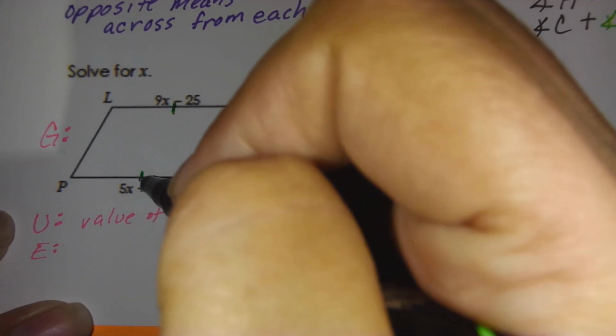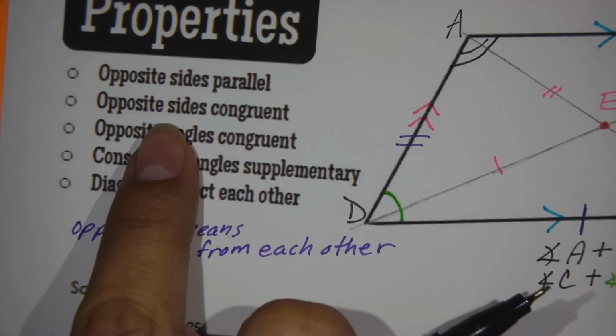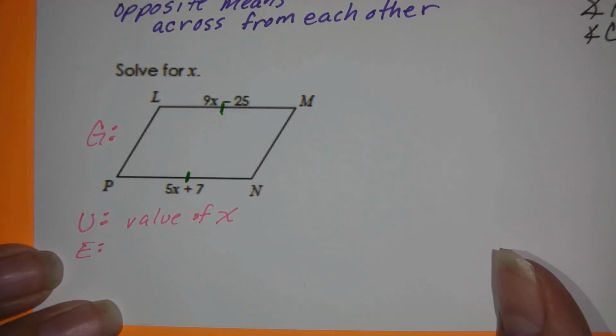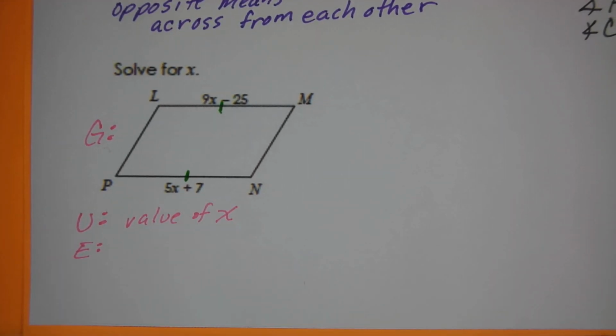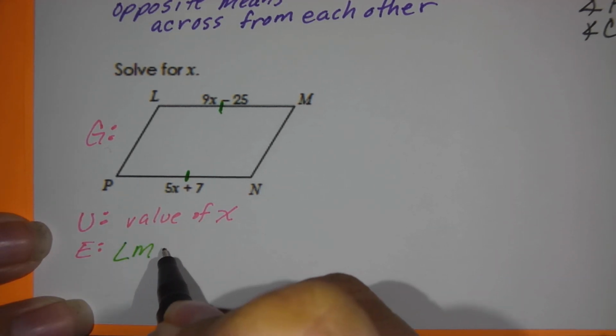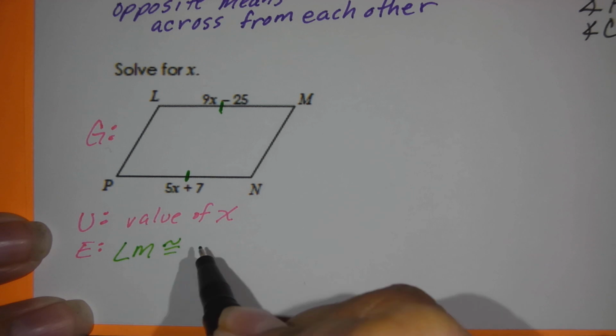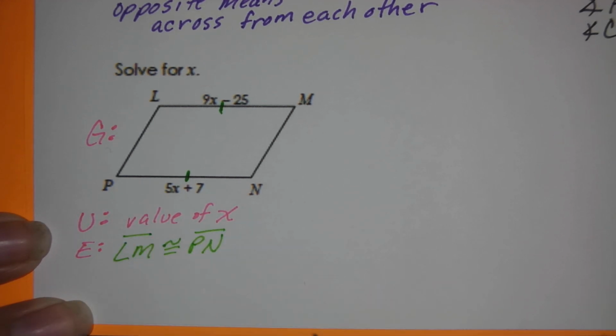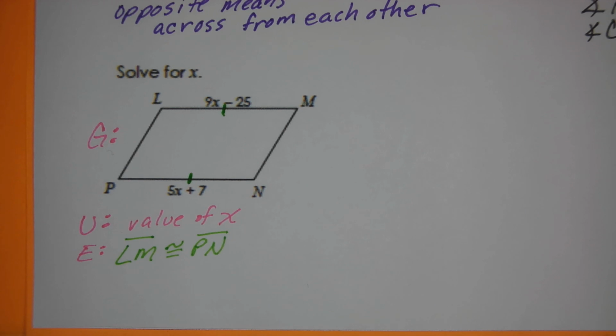So that means this side is congruent to this side. And that goes back to this one. Opposite sides are congruent. So we know that our equation is going to be LM is congruent to PN. And these are segments, so we need to make sure we put our notation.